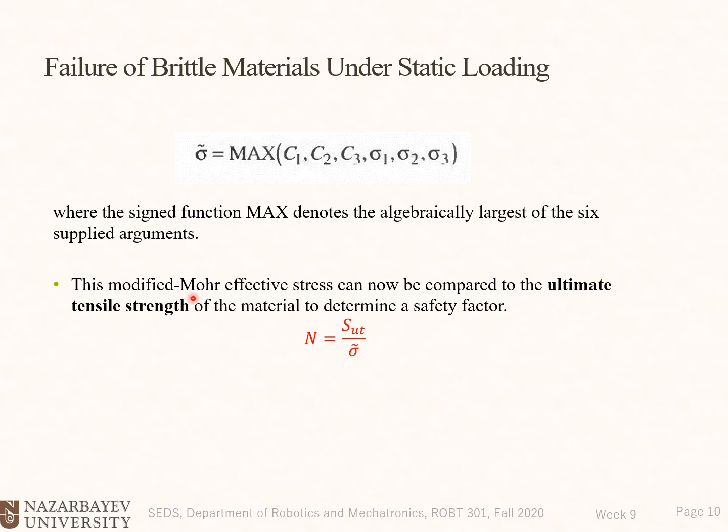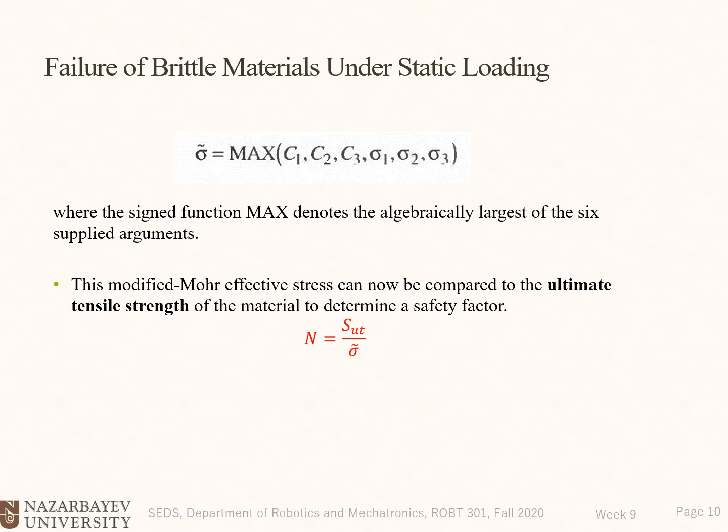This modified Mohr effective stress can now be compared to the ultimate tensile strength of the material to determine a safety factor. So if we calculate the effective stress, then we could use this formula for the safety factor: N is SUT divided by sigma prime. Don't lose the larger picture.